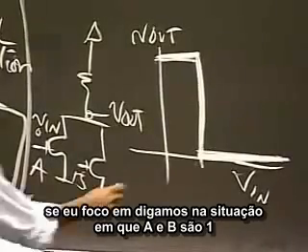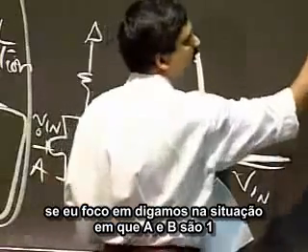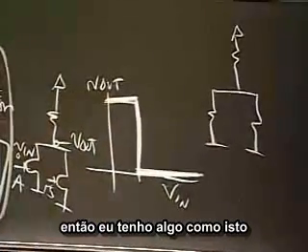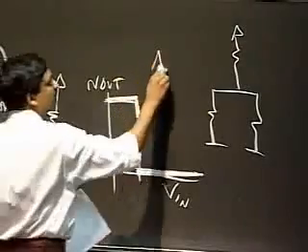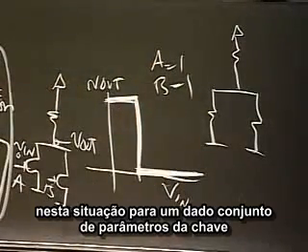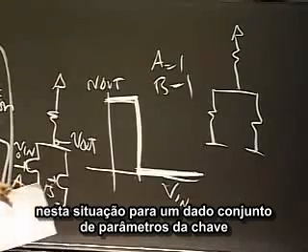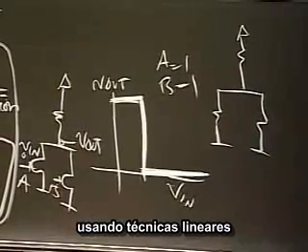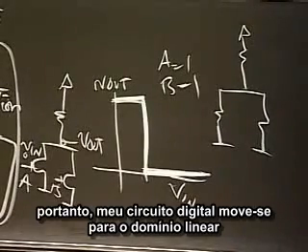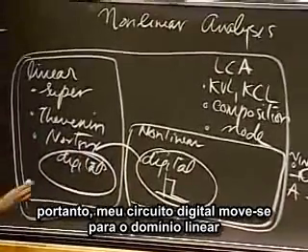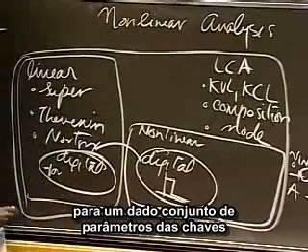Okay, so if I focus on, let's say both A and B are 1s, then I get something like this. And in this situation, for a given set of switch settings, notice that my digital circuit now can be analyzed using linear techniques. So therefore, my digital gets moved into the linear domain for a given set of switch settings.